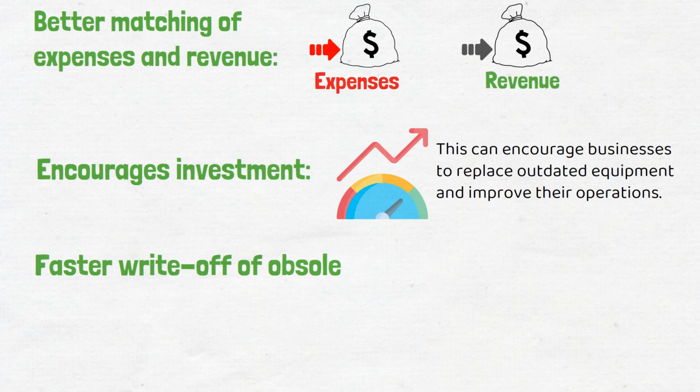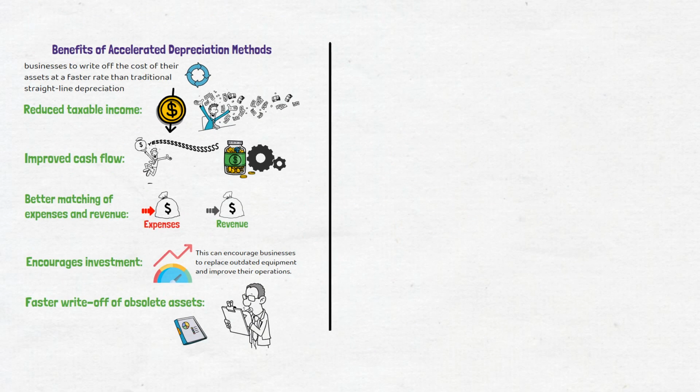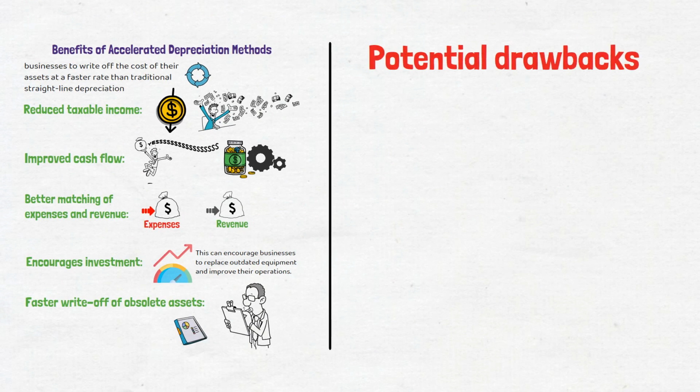Faster write-off of obsolete assets. Accelerated depreciation methods can allow businesses to write off the cost of obsolete assets more quickly, reducing the impact on the business's financial statements and cash flow. It is important to note that while there are benefits to using accelerated depreciation methods, there are also potential drawbacks.